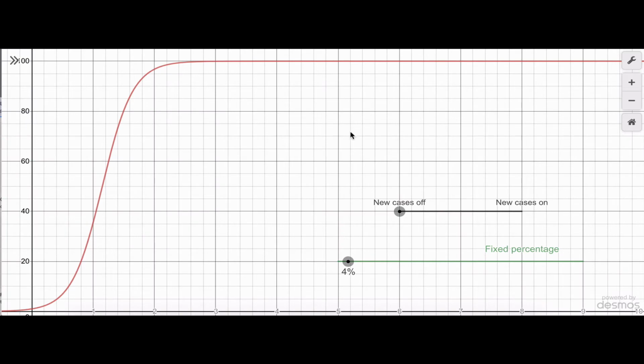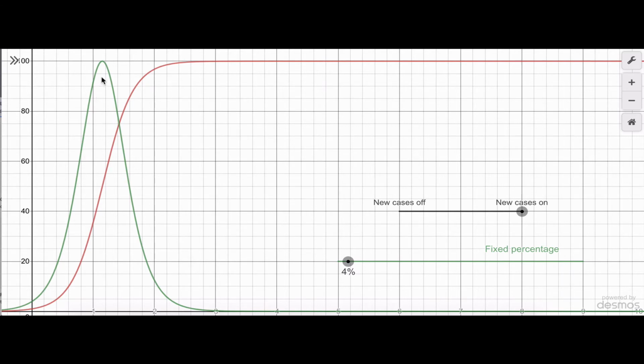Here's one more feature of the logistic graph. And to show it, I'm going to set our fixed percentage at 4%. What I want to do is flip this switch to turn on new cases. So I'm showing the number of new cases per day in green. And what you can see is that we start off with a low number of new cases per day.